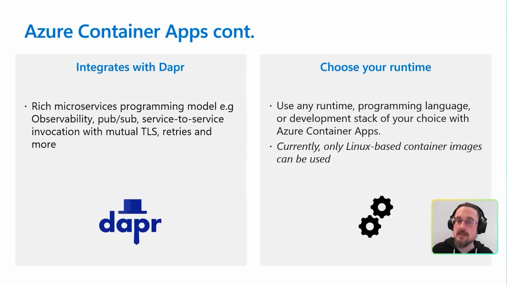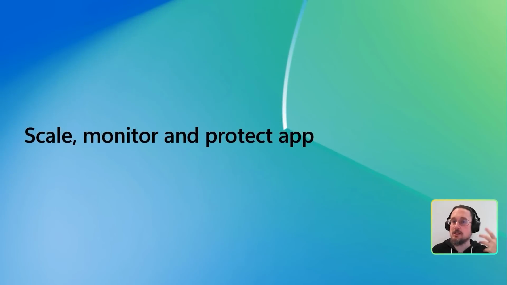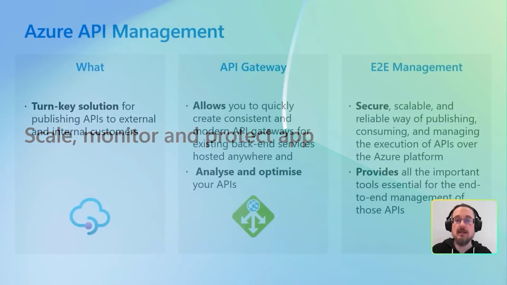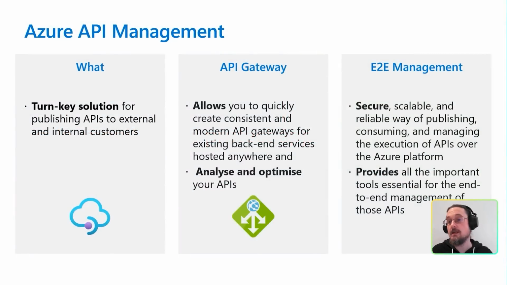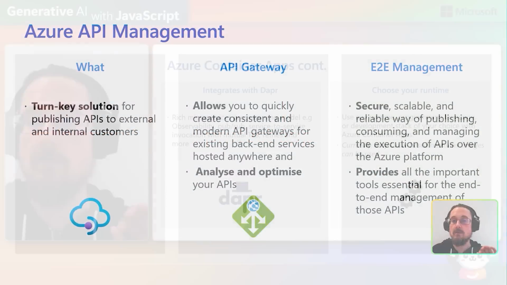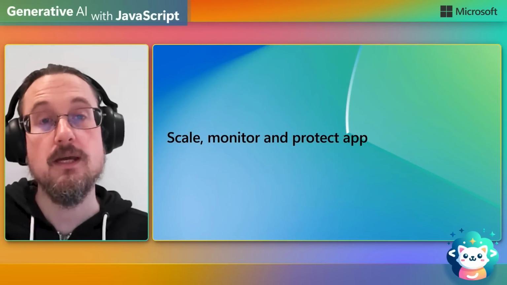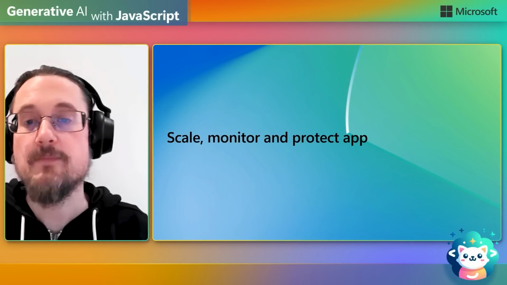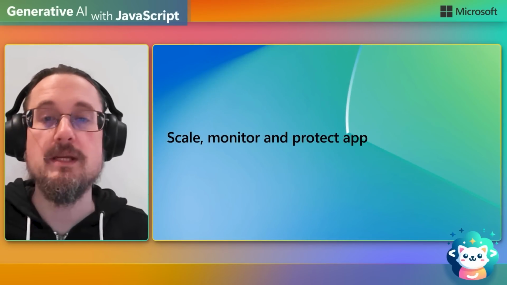And as with anything container-based, you can really choose what runtime you want to run on it. So choose your programming language, choose your development stack, and use what you need with Azure Container Apps. So currently we are limited to Linux-based container images, but bring your Linux, bring your Windows to the cloud.